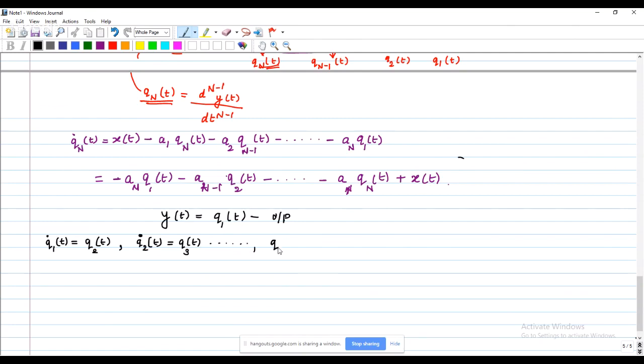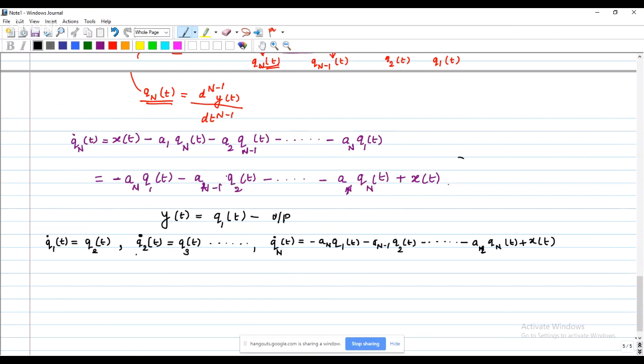We have qn dot t, which is equal to minus an q1 t minus an minus 1 q2 t, and so on and so forth, minus a1 qn of t plus x of t.